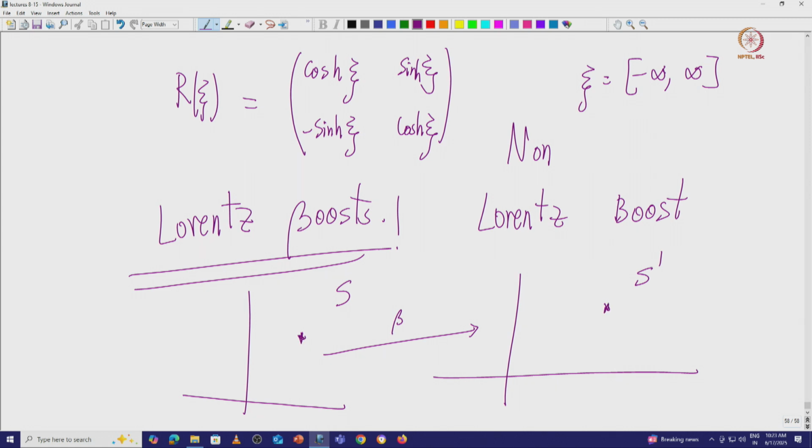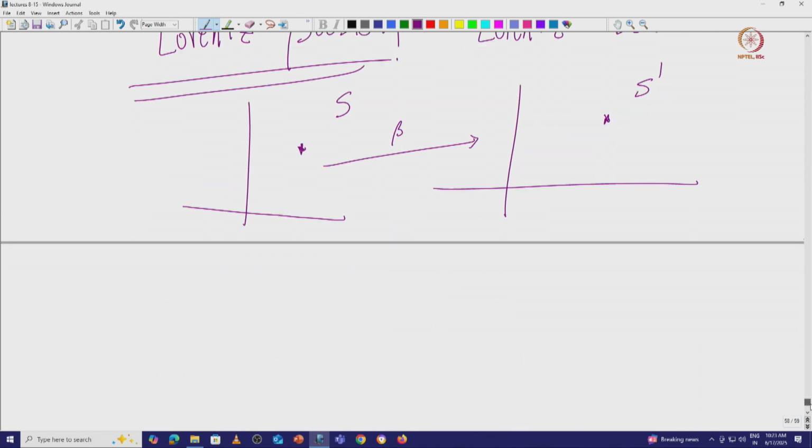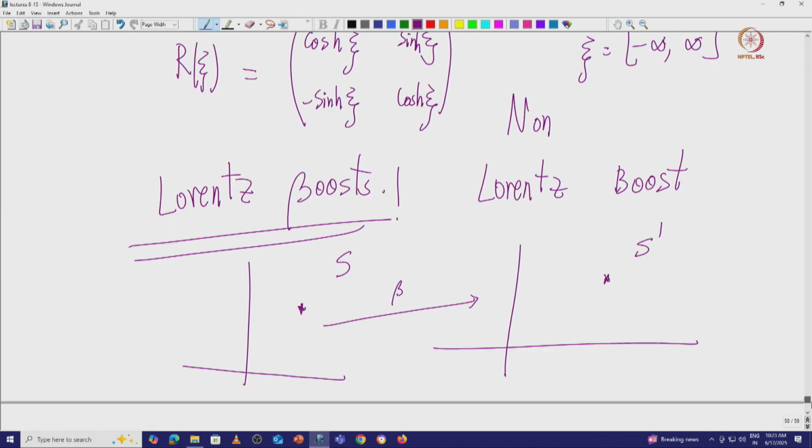In the boosted frame, this can be thought of as a rotation in hyperbolic angles. That is the point: the Lorentz boost, the Lorentz transformation, can be thought of as a rotation with hyperbolic angles, not with ordinary angles. This is well known from your relativity class.